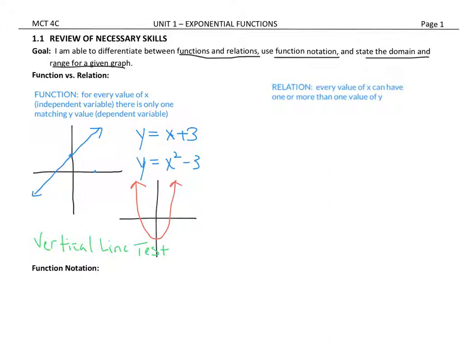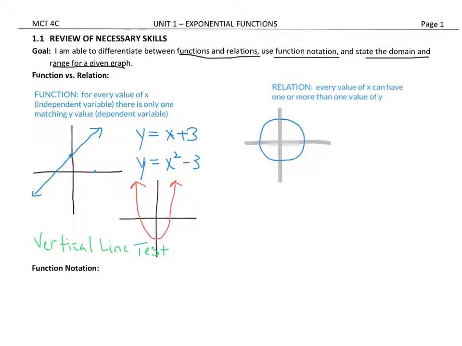Now, we have relations that are not functions. So for example, in grade 10, we talked for a very brief time about a circle with a center at 0, 0. That is not a function.